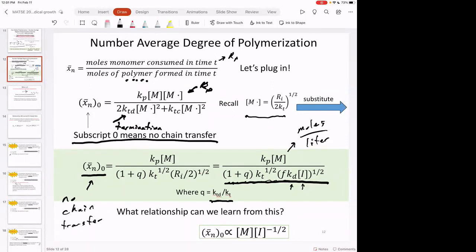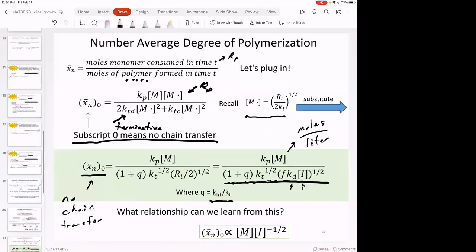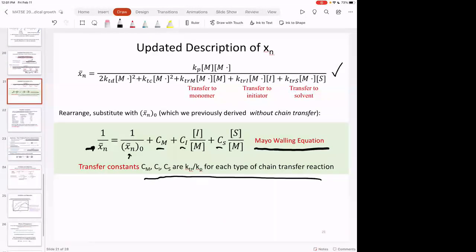And generally it will be like this. You have to go find all those variables, calculate X bar n0, and then apply the chain transfer constants to get X bar n. So that's a two-step big problem. Any other questions?